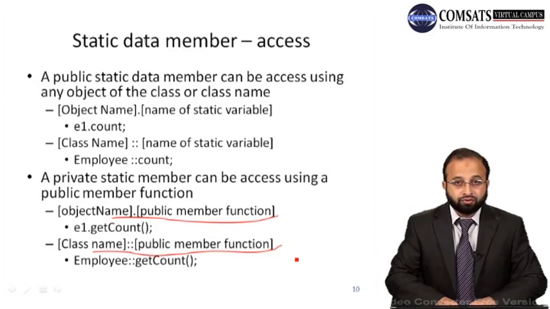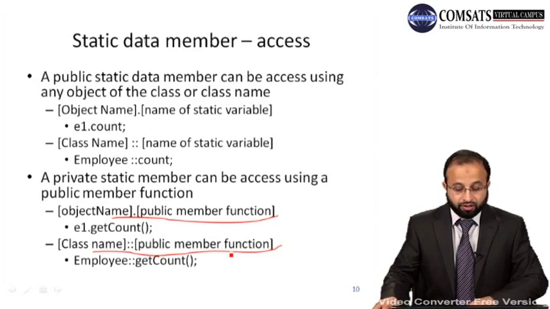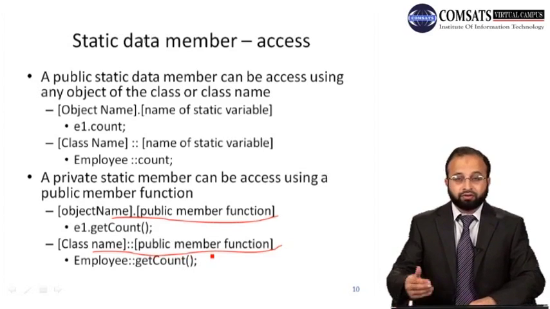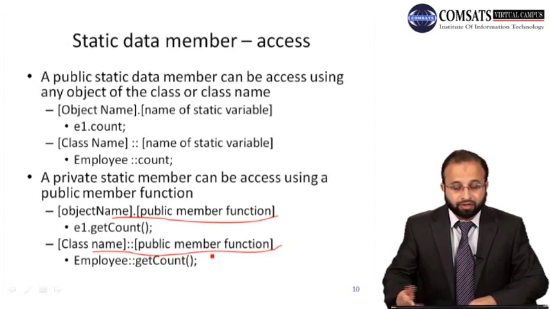You should only be accessing the static data member, not the non-static data member, because if you are accessing a non-static data member from this public member function, then that would be a compiler error, because this function is not invoked with any object, right? So it's not possible to get the value of the private data member of any object.